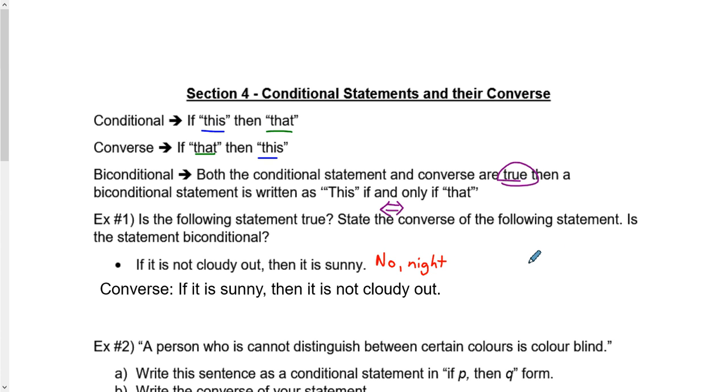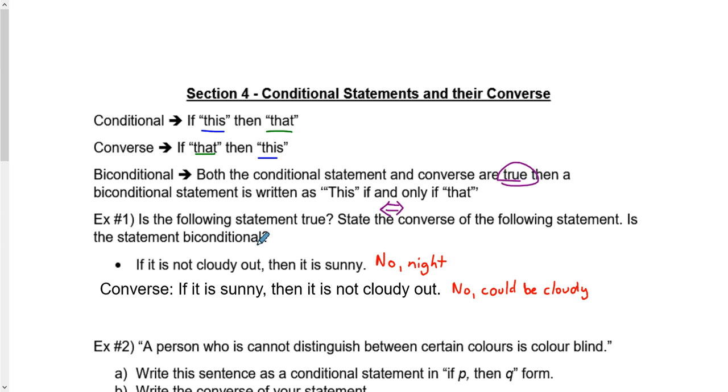At nighttime, it doesn't have to be cloudy out. Same thing with the converse. If it is sunny, then it's not cloudy out. Well, you can still have clouds. It's not necessarily true.